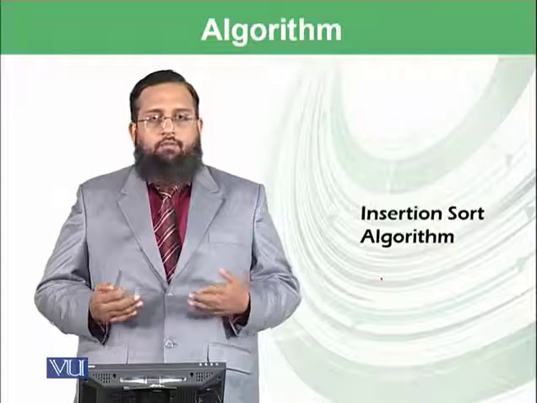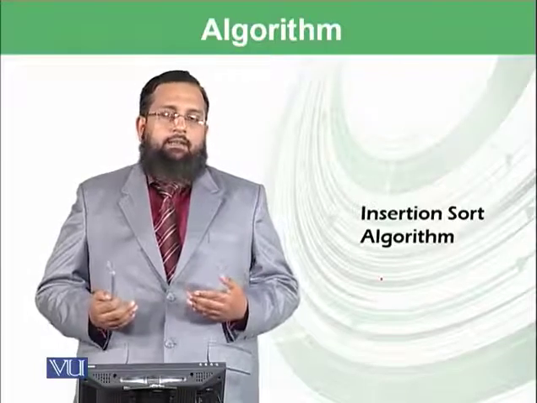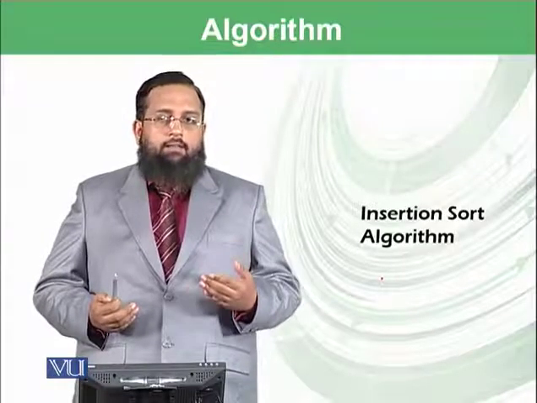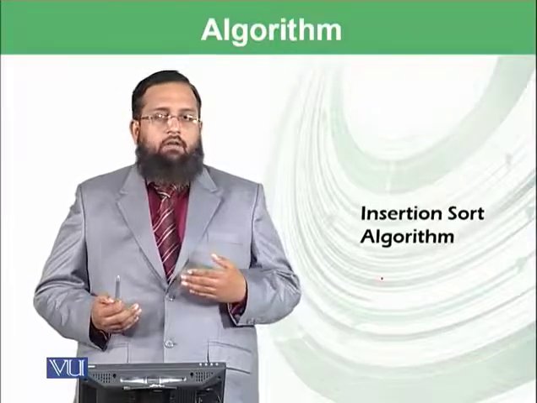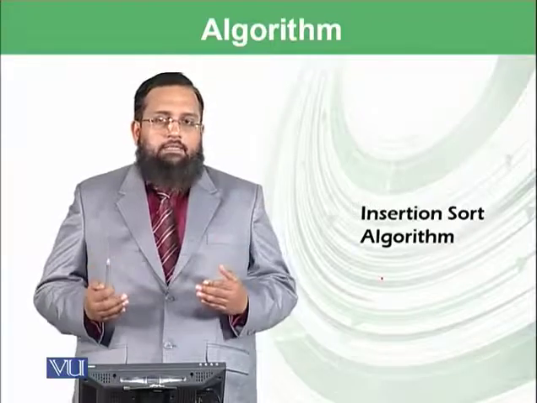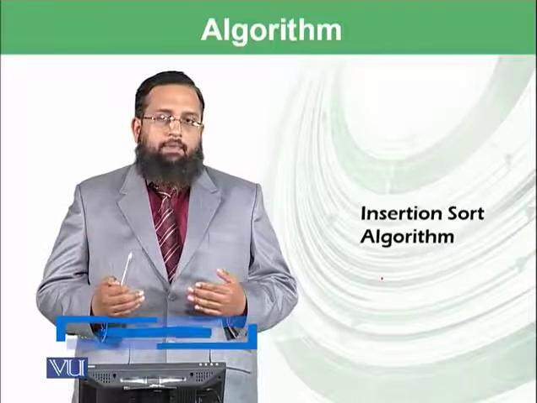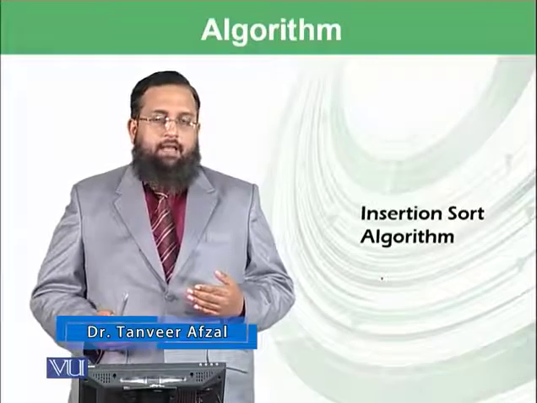And of course, if the data is alphabets, then the criteria would be that you either want to sort it alphabetically in ascending order, or in the form of descending order, where the highest characters are placed on the top and then the lowest characters come at the end.